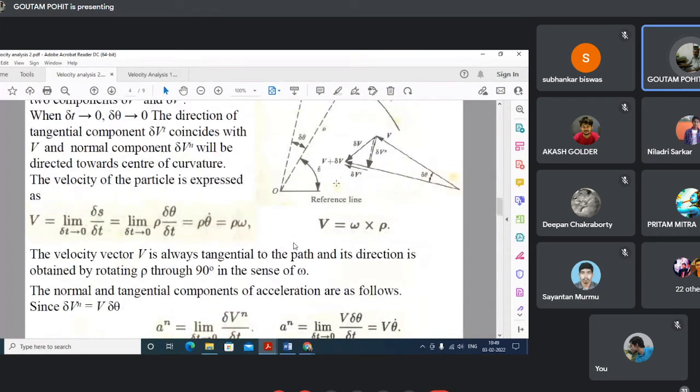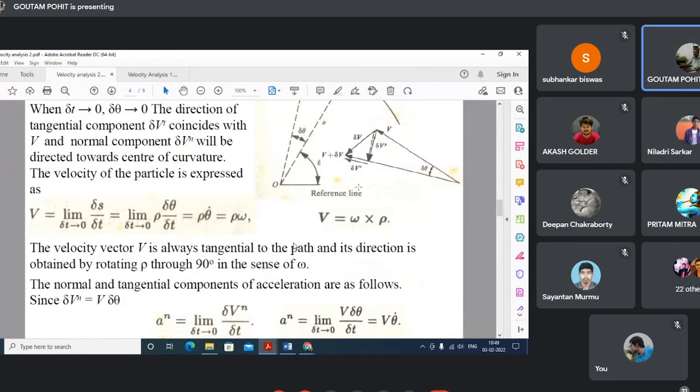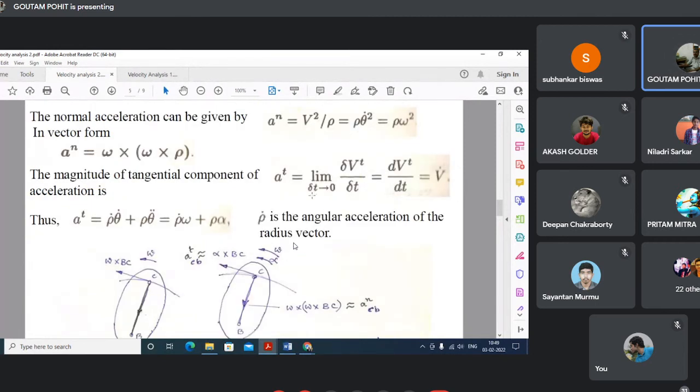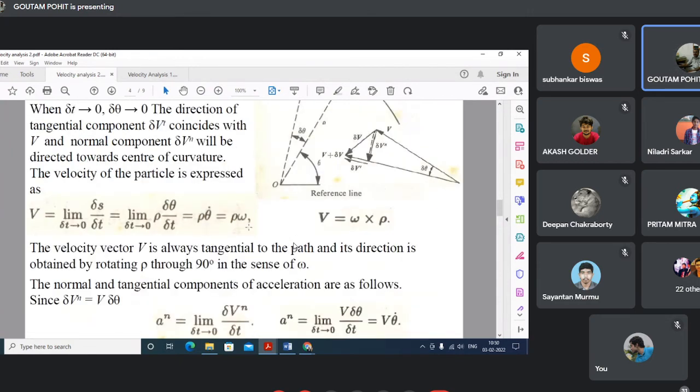This is del Vt with respect to del t, with del t tends to 0. So ultimately we'll get v dot. Now what is v dot actually? v is this one.